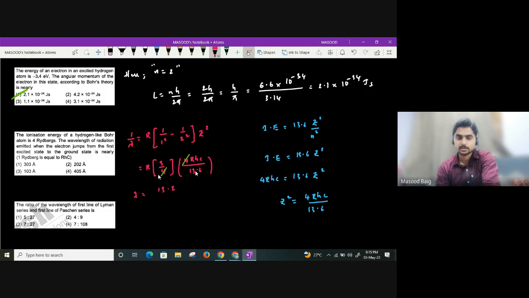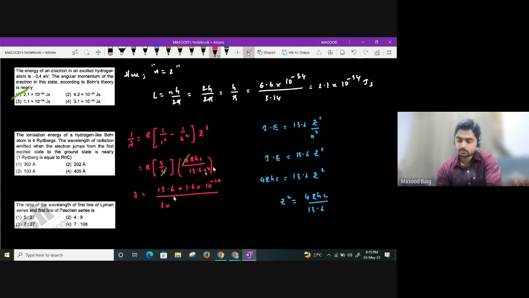Again, it is given in energy as 13.6, no? The 13.6 energy should be in electron volts here, guys. So I'll convert it into joules: 1.6 into 10 power minus 19, divided by the 3 we have.